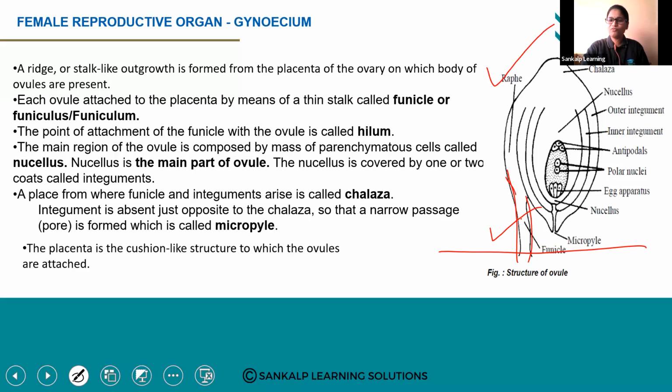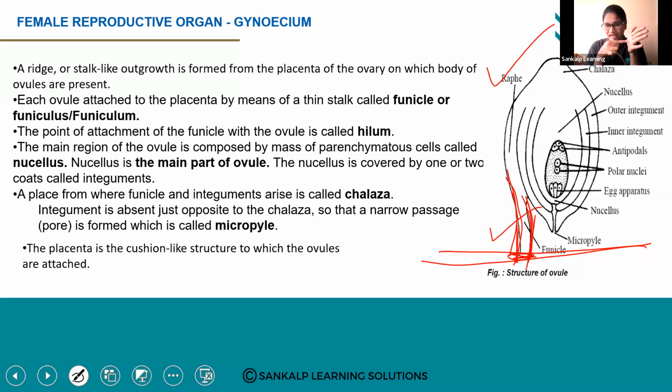So the stalk of an ovule is called the funiculus or funicle. This ovule will be attached to the placenta by a stalk, and this stalk is called the funicle.